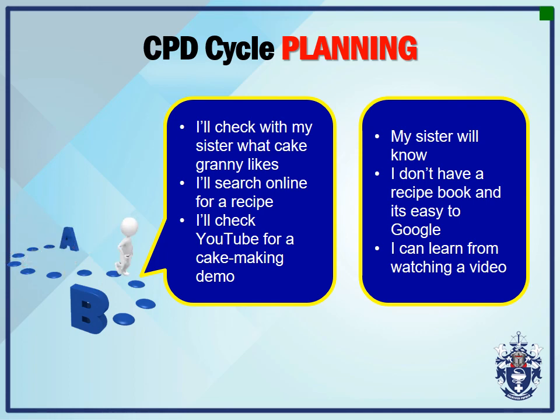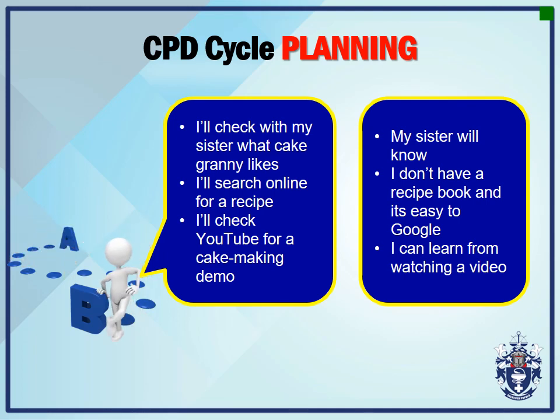Your sister will know, and that's why you ask your sister. So you have to explain in your planning process, why did you choose to ask your sister and not mom, for example? Maybe because your sister would know, she does this often on an annual basis. She always bakes a cake for grandma. Why are you searching online for a recipe?